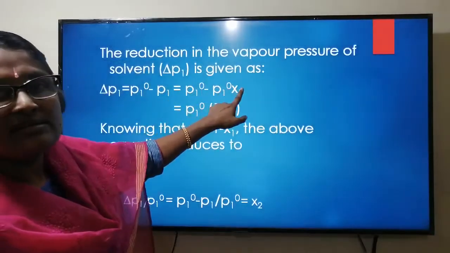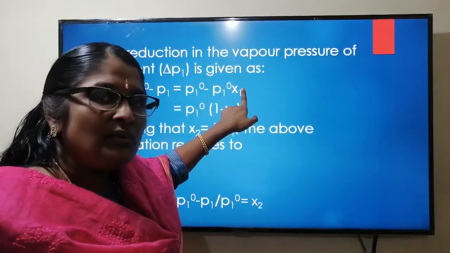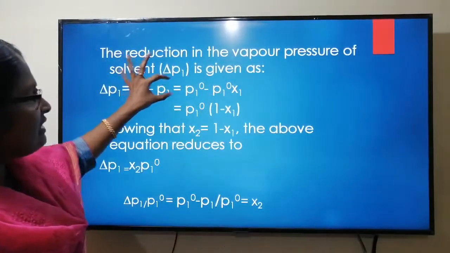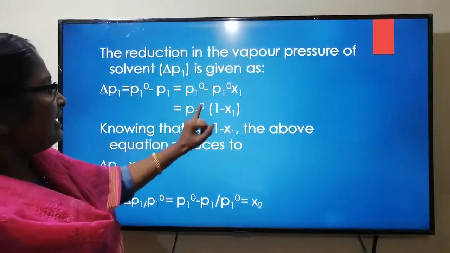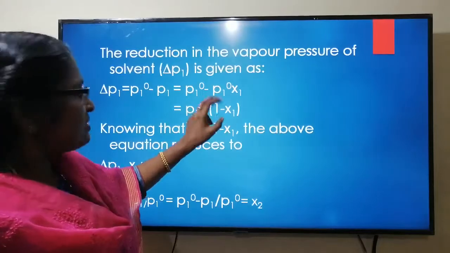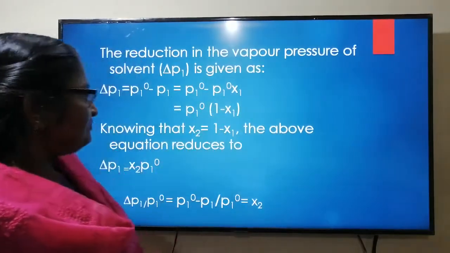According to Raoult's law, P1 is equal to P1° X1, so we substitute for P1 that value. Since P1° is the common factor, we take P1° outside, and in the bracket it will be P1° into 1 minus X1.